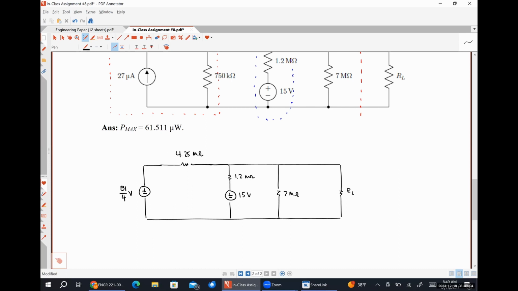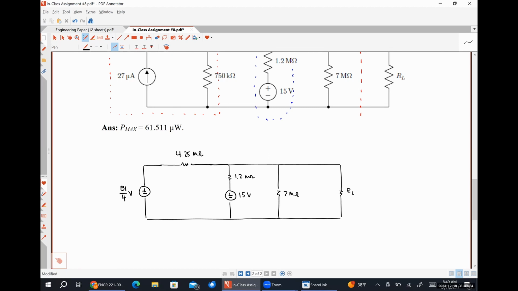So at present, I have a practical voltage source in parallel with another practical voltage source, which is an odd looking thing. However, if I do source transformations on both of those practical voltage sources, I will then have two practical current sources that are in parallel with each other, which will set me up such that I can do current source combinations and resistor combinations.